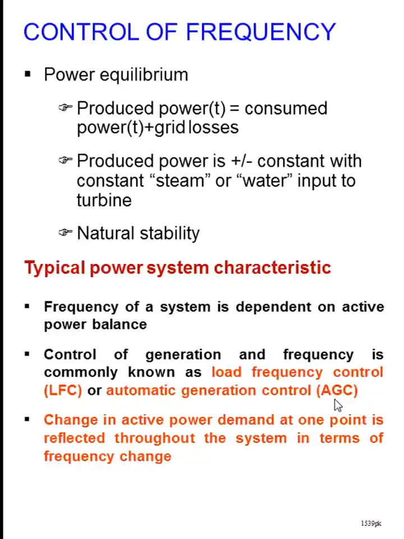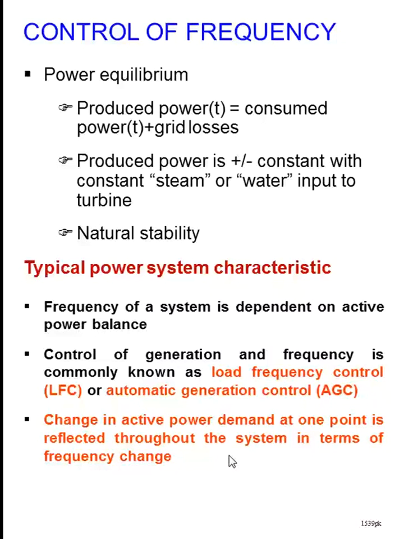Now the change in the active power demand at one point will be reflected throughout the system. If the system is interconnected, whenever there is a load disturbance at one of the buses in the network, it will result in a change in the frequency of the signal.